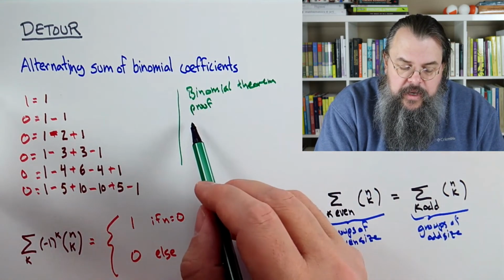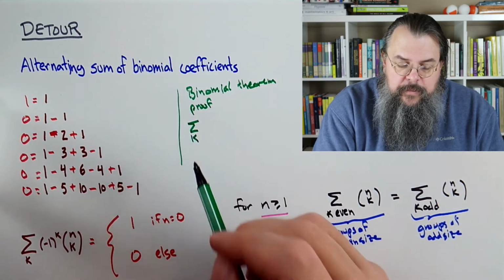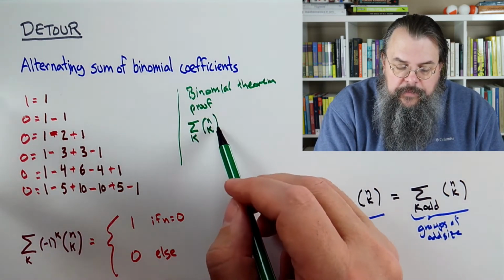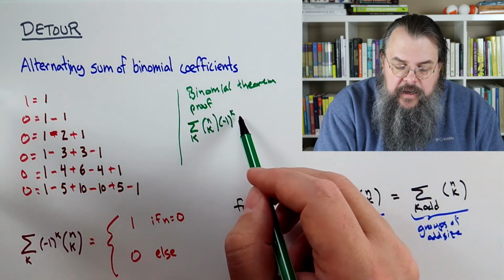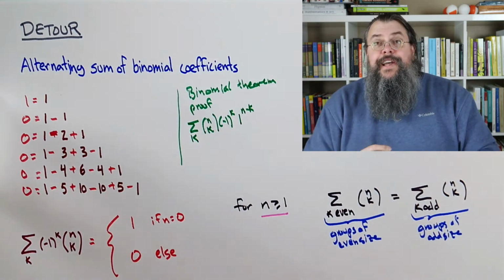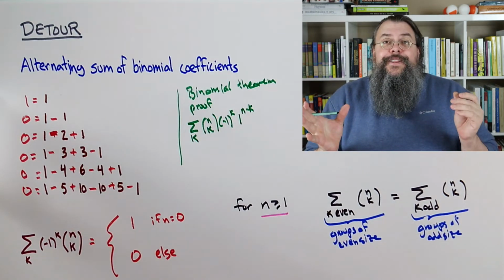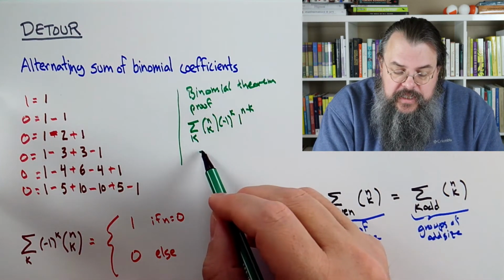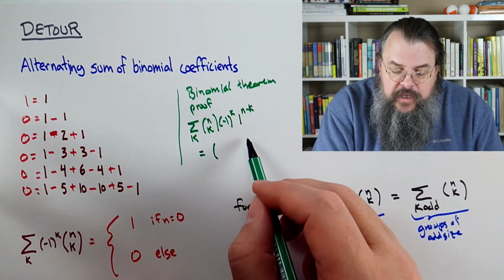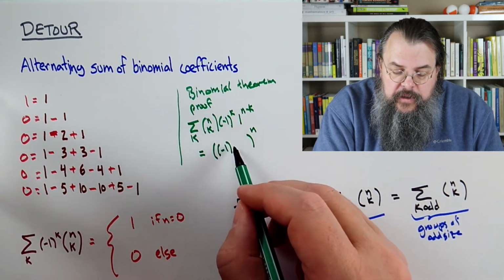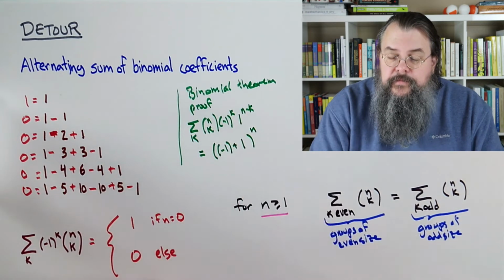And what we'll say is, look, here's another way to think about this sum. It's the sum over all k of n choose k, times minus 1 to the k, times 1 to the power n minus k. And now we say, oh, what's going on? Well, this is the binomial theorem, which says that this is equal to something to the nth power, namely minus 1 plus 1.